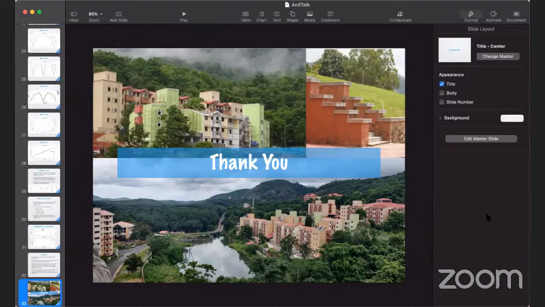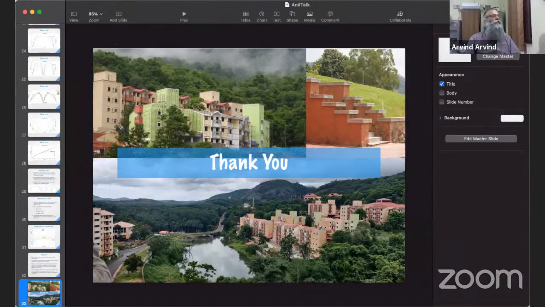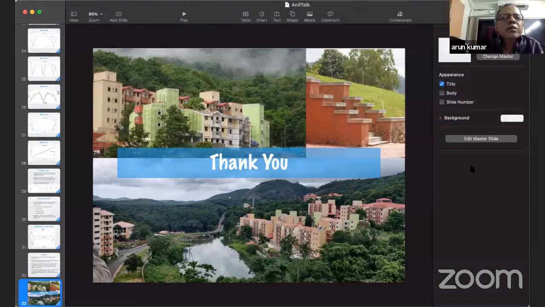In the participant list at the bottom there are three dots. You click on that and there's a raise hand option. First click on the participant. But anyway, you can go ahead. Yeah, so can I ask now? Yeah, please, you ask now.